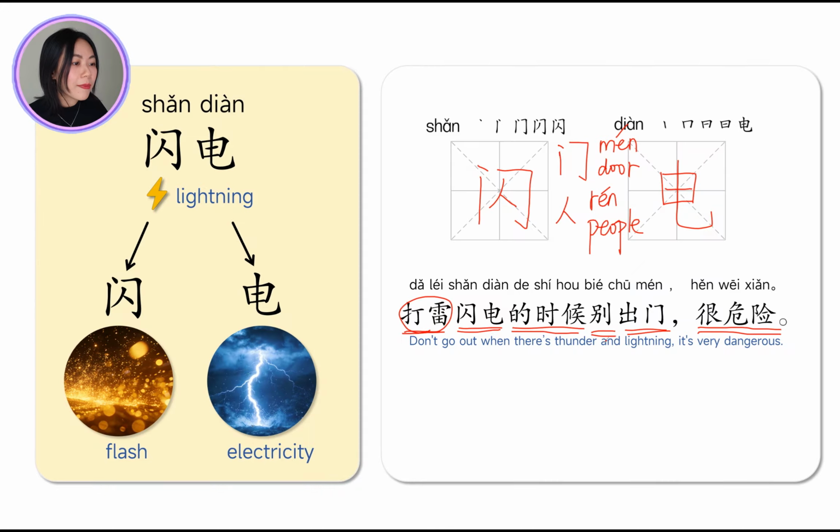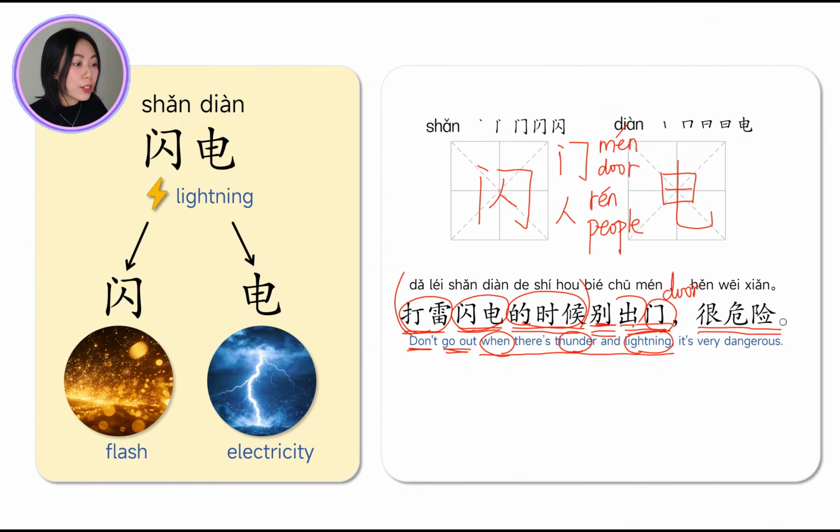打雷闪电的时候，别出门，很危险。Okay. 打雷 thunder. We just learned about it on the last page. 闪电 lightning. 的时候 when. So 打雷闪电的时候 when there is thunder and lightning. 别 don't. 出门 go out. 门, isn't it the door?